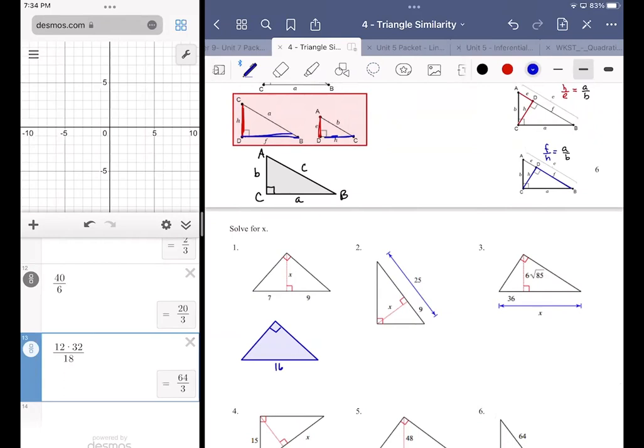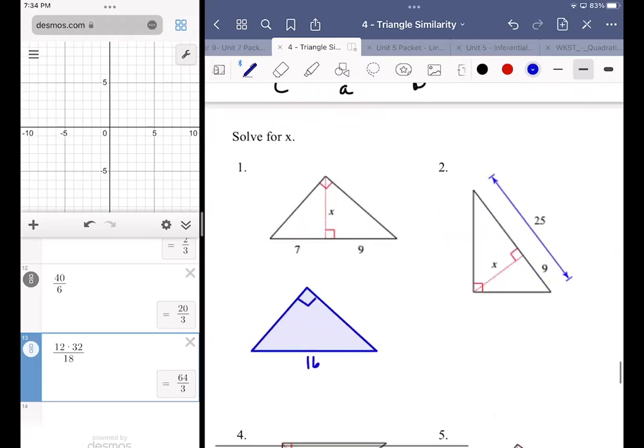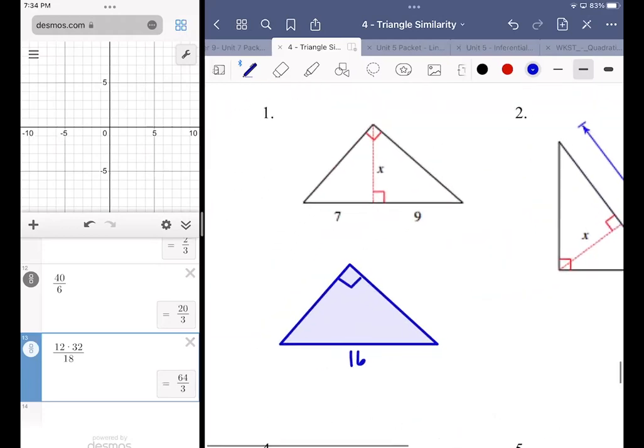It's not a whole heck of a lot of information, but it's something, right? I have a triangle over here, a right triangle, and here I actually know a little bit more. Dimensions x by 7, also a right angle.